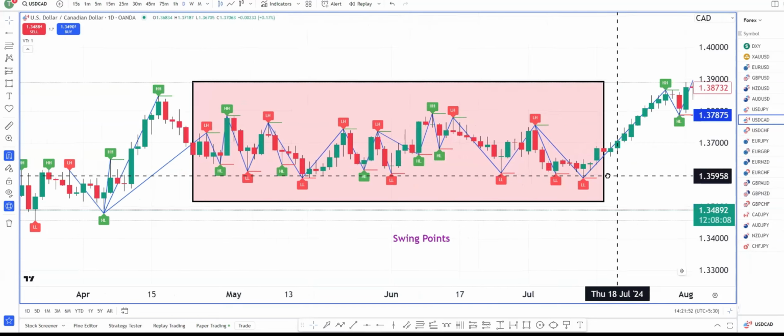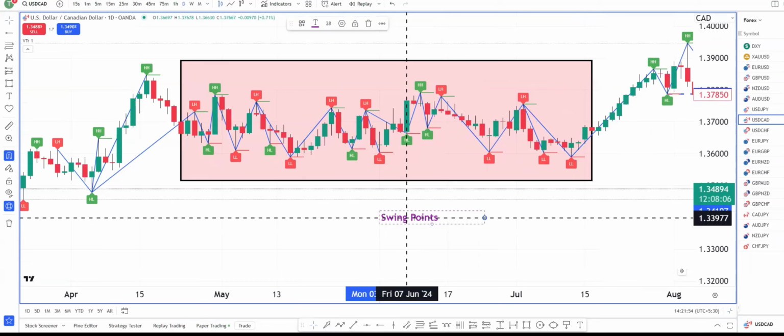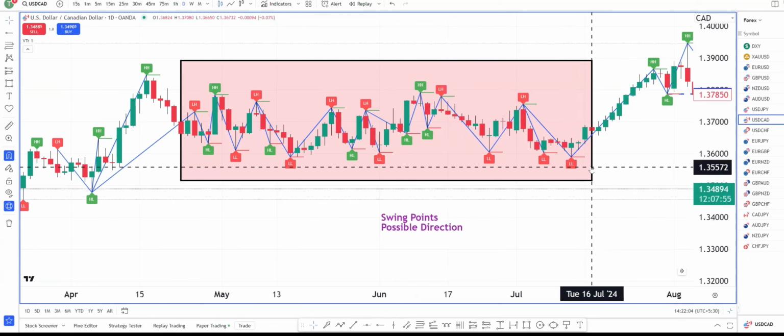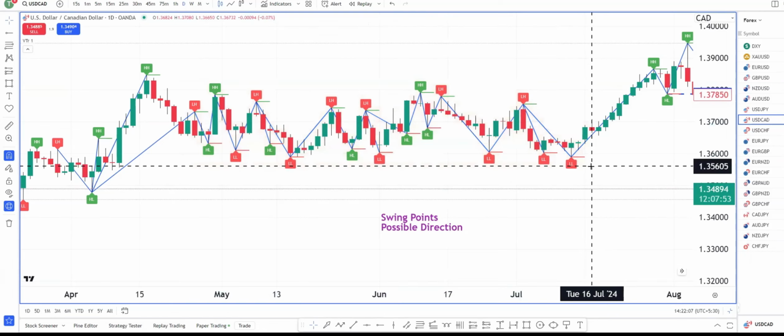What are these swing highs and lows telling us? The swing points are only telling us possible directions. It is not an assurance. It is a possible direction. We need to understand this very clearly.